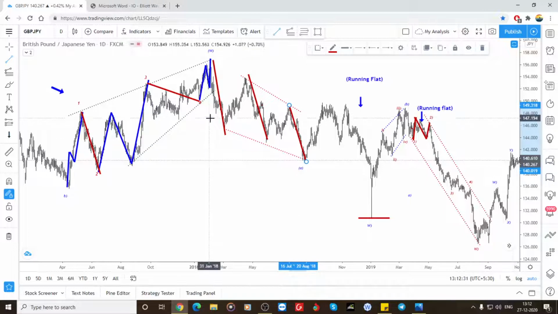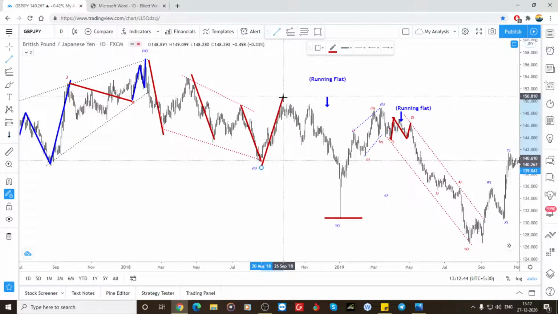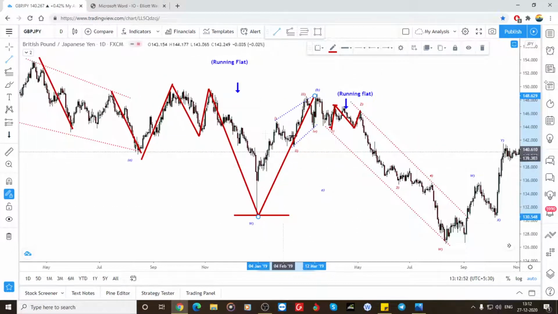So this is what we learned in the diagonals, a leading diagonal. It will occur only in the A or 1, and after that this is a three-wave structure, and again we get a three-wave structure. After that this is the five-wave structure, and this is the ending diagonal triangle in the C wave.